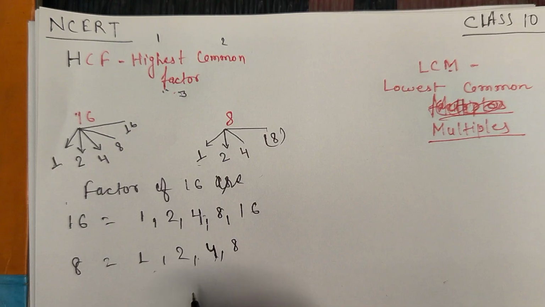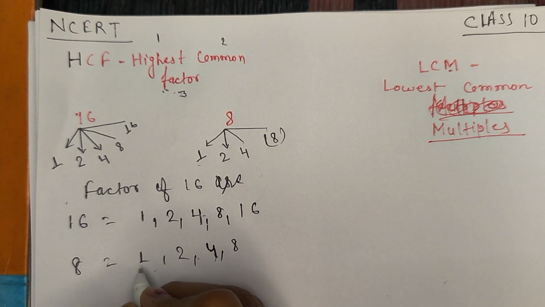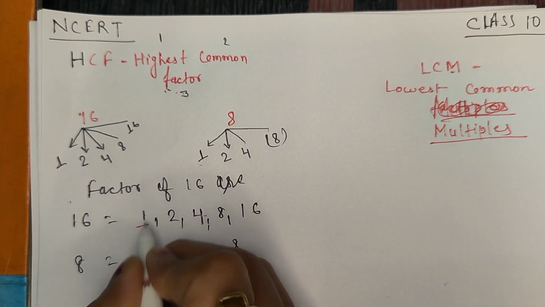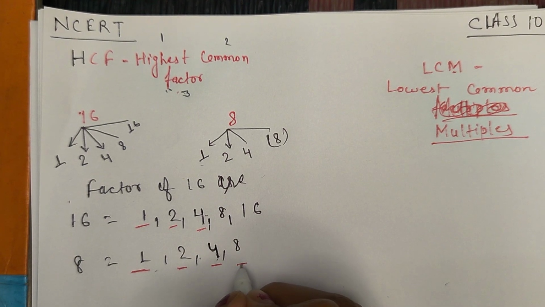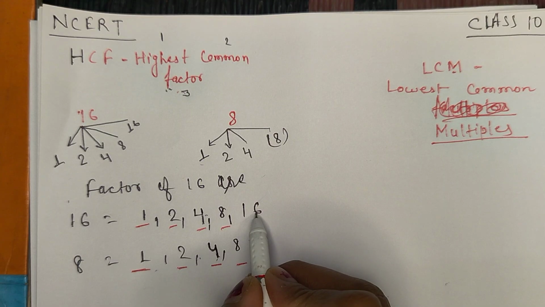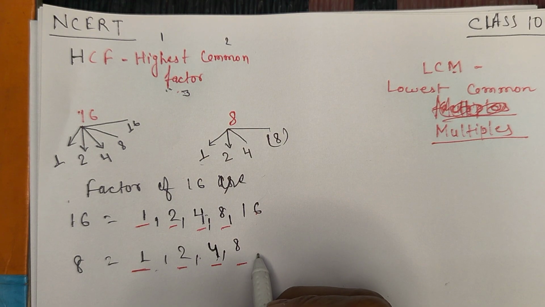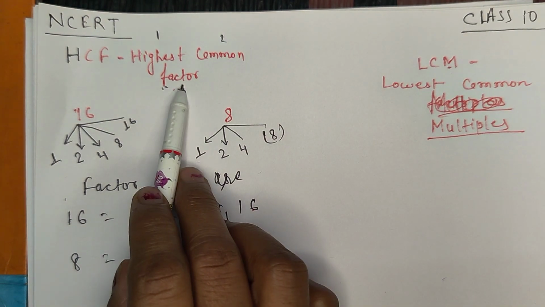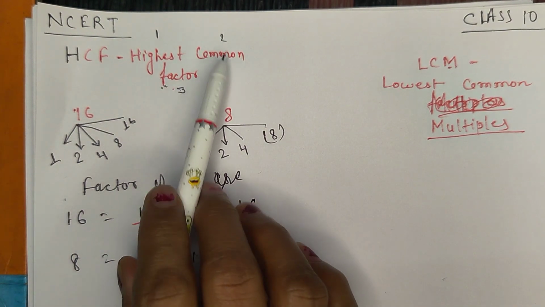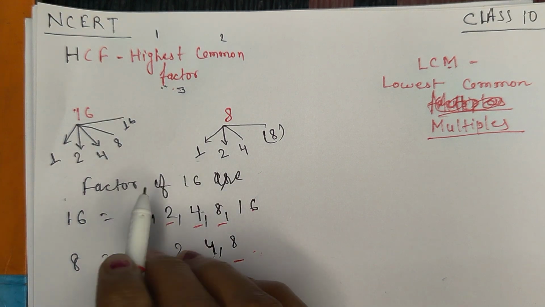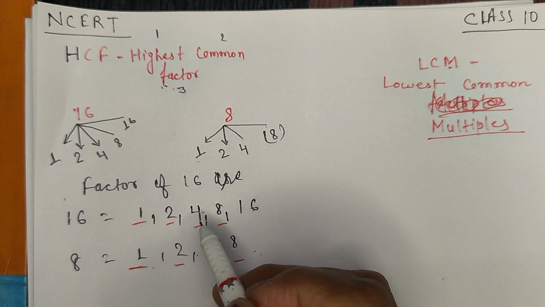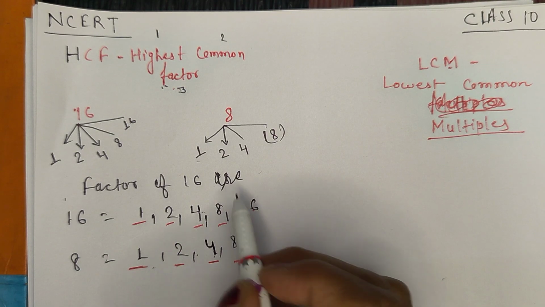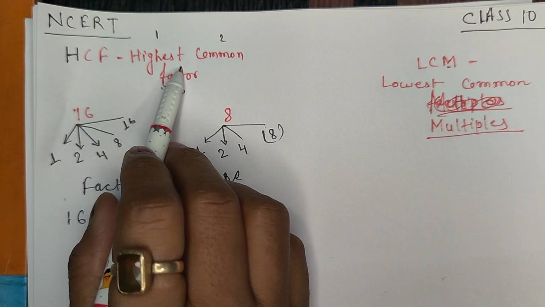We can see which part is common: 1, 2, 4 and 8. 16 is not a factor of 8, so it is not common. First I find the factors, second I take the common numbers, and third is highest.